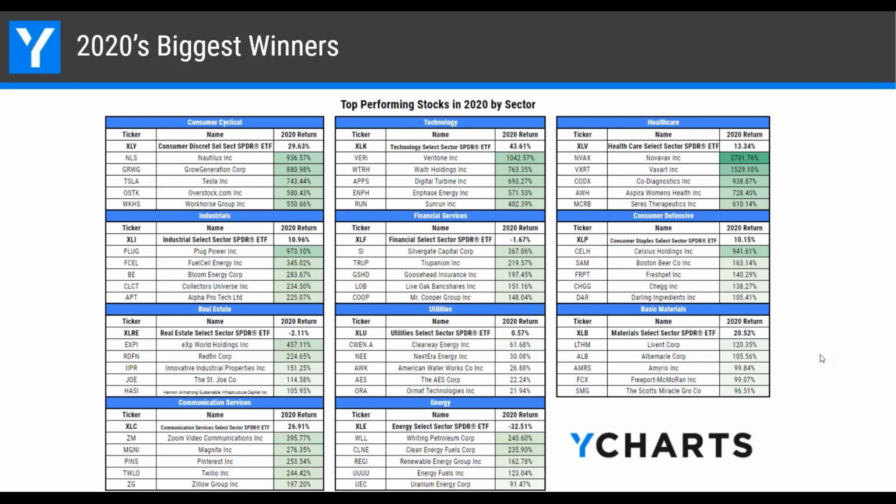Looking at the top center table here, the very popular high flying technology sector, you wouldn't expect a name like Veritone, ticker VERI, to have led the tech sector in 2020, and it returned over 1,000% on the year.